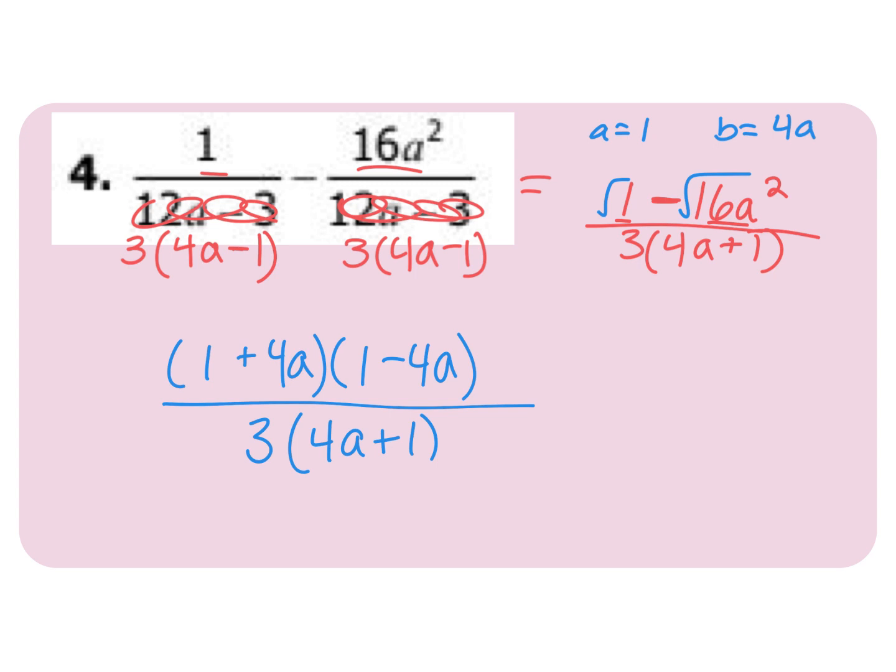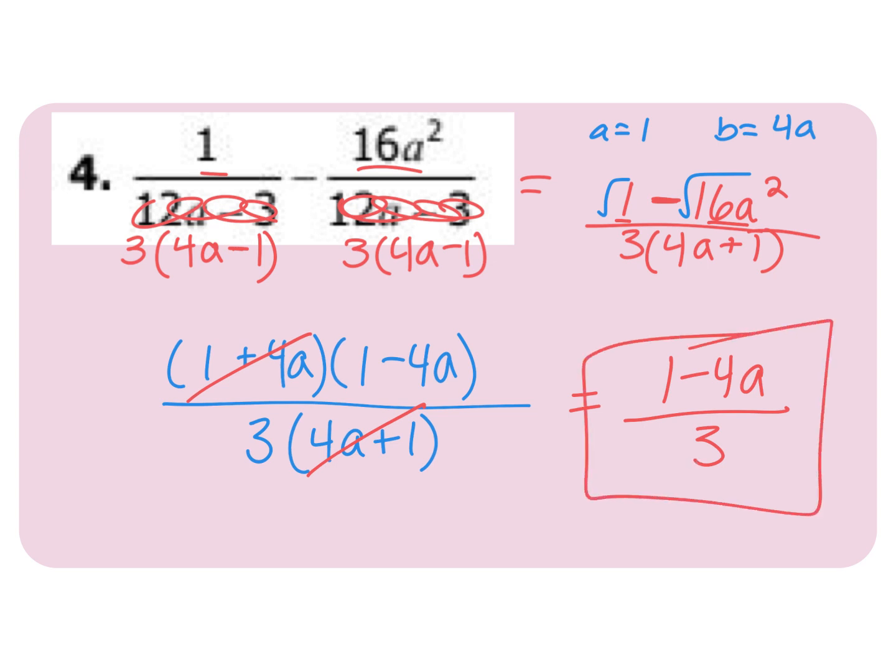We know that from day 1 when we simplified. 1 plus 4a and 4a plus 1, that is the same thing. So we can cancel those off, and we're left with 1 minus 4a over 3. Perfect. All done. That is my final answer. Moving right along.